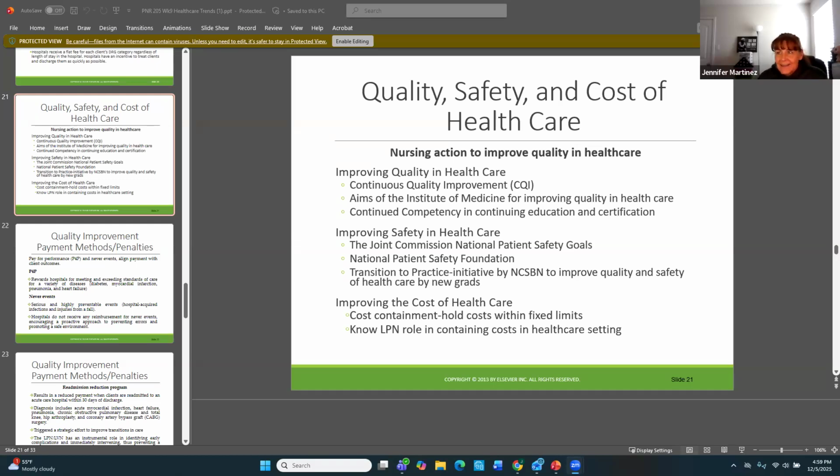It wasn't just medication errors, it was wrong site surgeries, right? There was a variety of things like that that occurred.